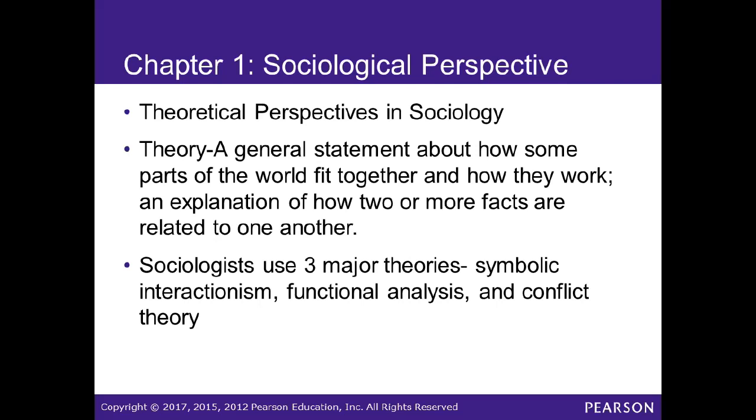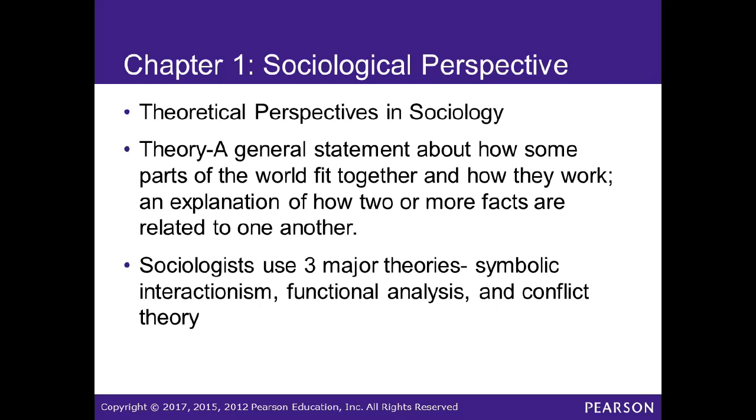Sociologists use three major theories: symbolic interactionism, functional analysis or structural functionalism, and conflict theory. These three theories are going to be on all three exams. My students over the last 7 to 8 years have been using these three theories in their written assignments as well.